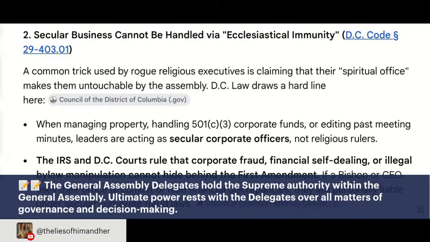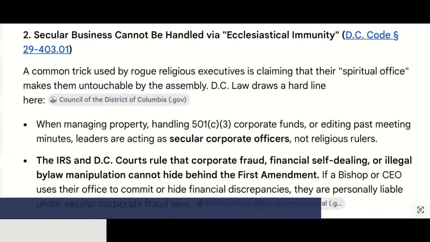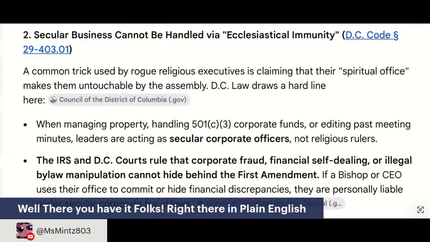When managing property, handling corporate money, which is house of prayer accounts, or changing anything, past minutes, past rules, past laws, anything, their leaders are acting as a secular corporate officer, not a ruler. And you're seeing this in the District of Columbia's laws.